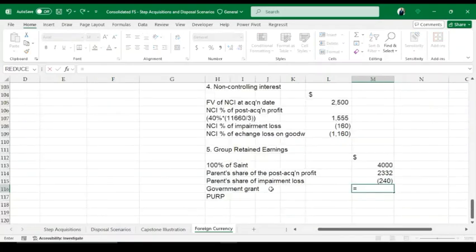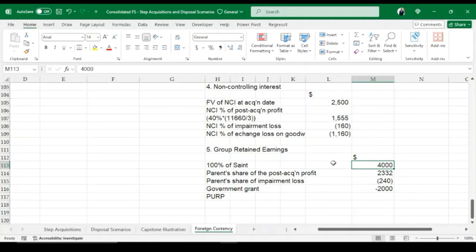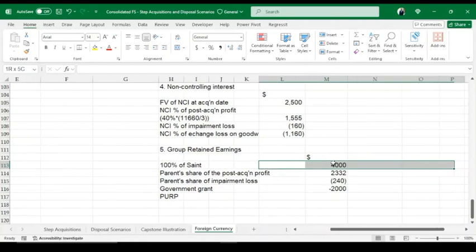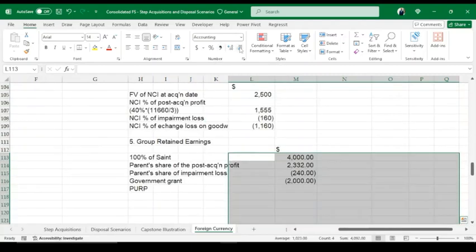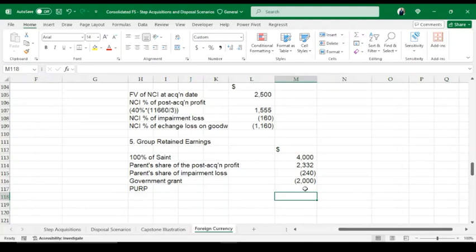So we have equals 4,000 divided by 2 years, and that will give us 2,000. And since it's an expense, we are going to put a negative sign there for us to have the effect. Okay, so I'm going to format the whole area here as an accounting figure with 0 decimal places. All right, so let's continue.